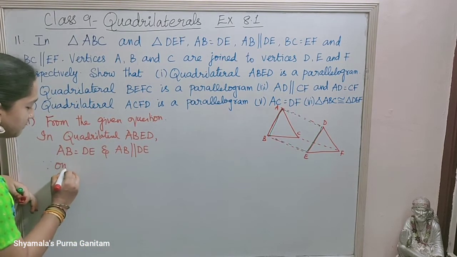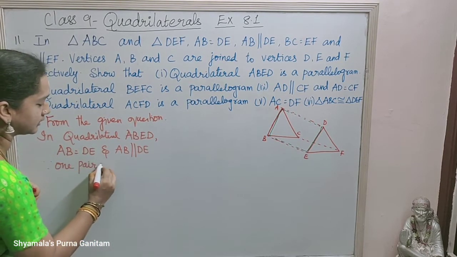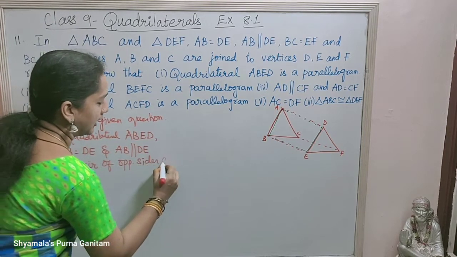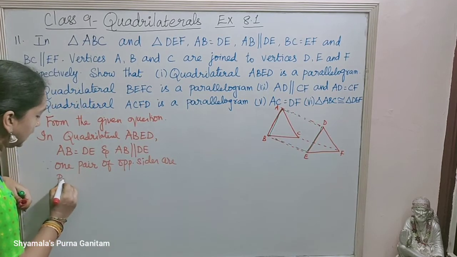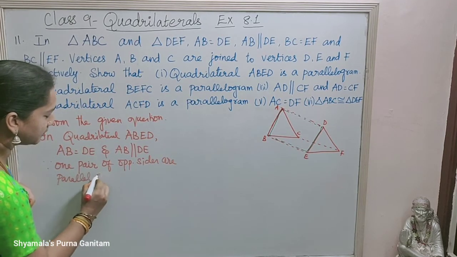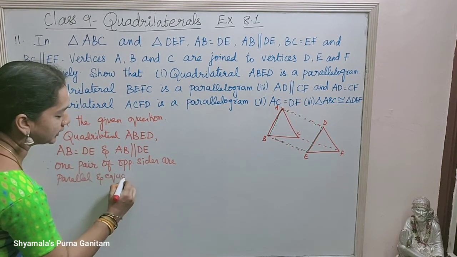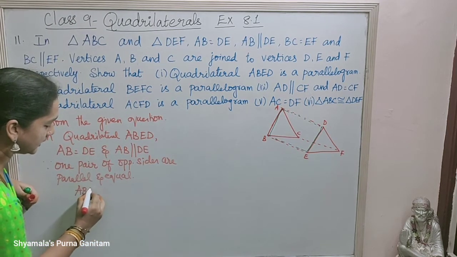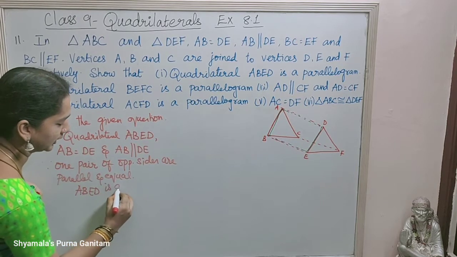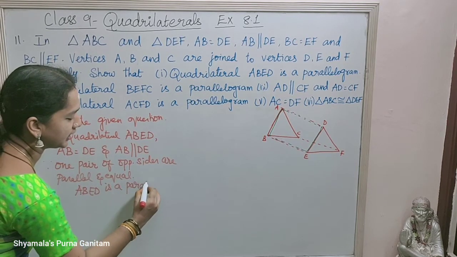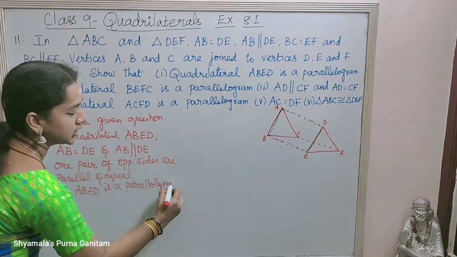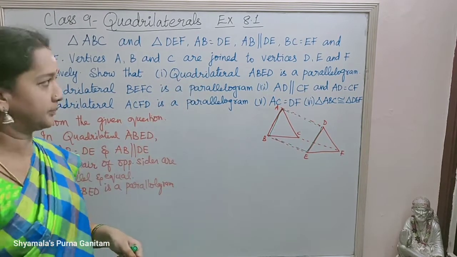Since one pair of opposite sides are parallel and equal, ABED is a parallelogram. So first proof is over.